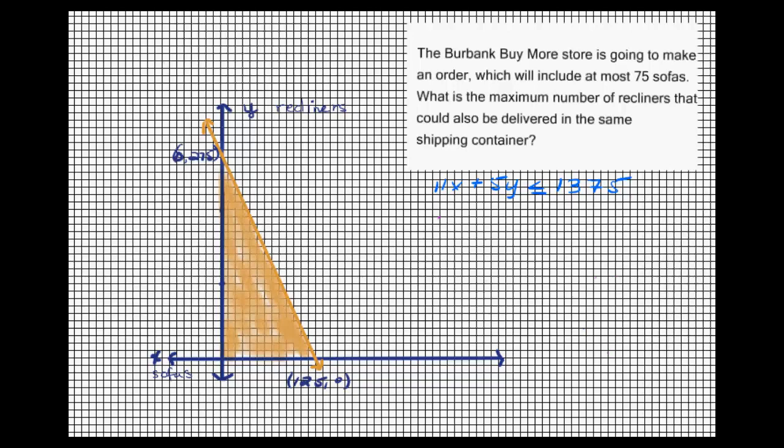So let's go ahead and plug in the maximum number of sofas into our linear inequality and then solve for y. 11 times 75 is 825.